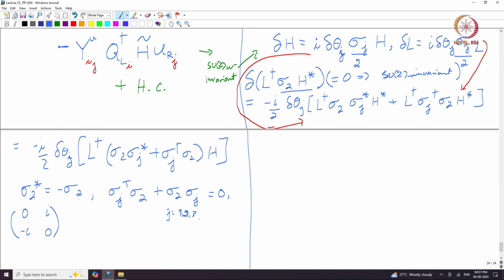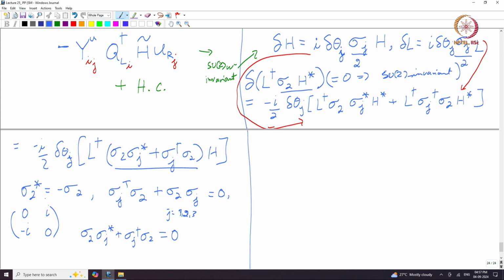You can go check this. It's very easy to check this. Okay. So if I make use of these, you will notice that this term, sigma 2 sigma j star plus sigma j dagger sigma 2, is always 0.